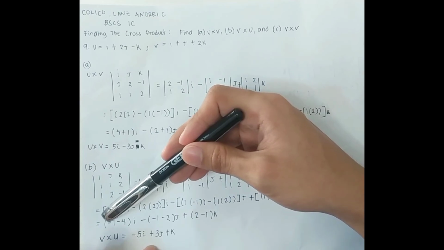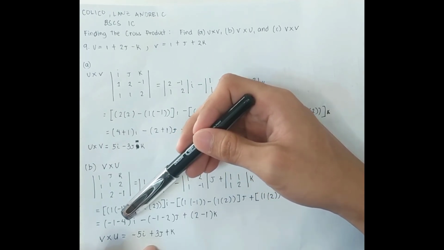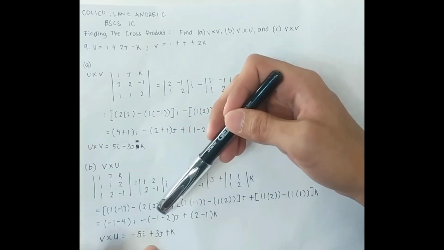So negative 1 minus 4, that will be negative 5i.